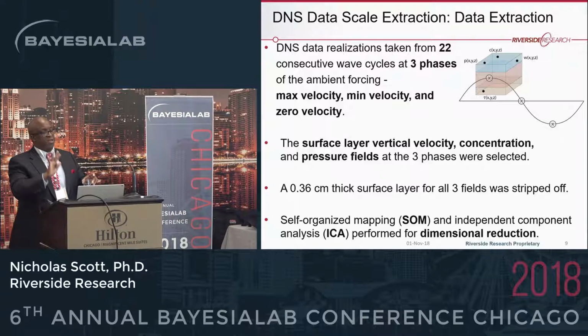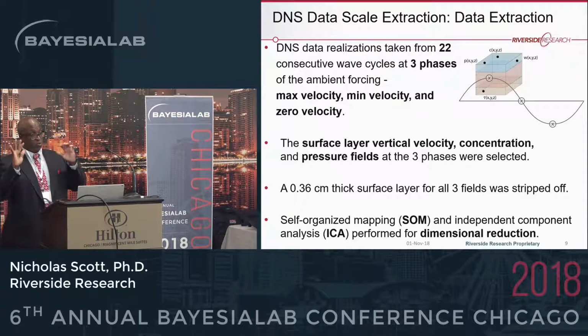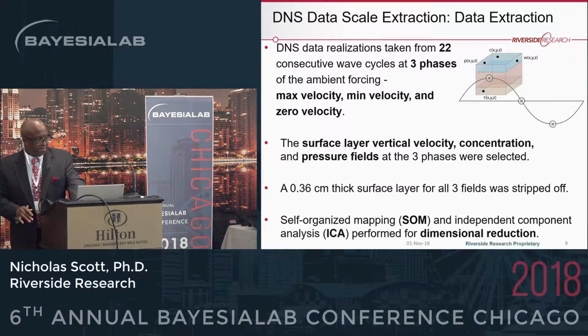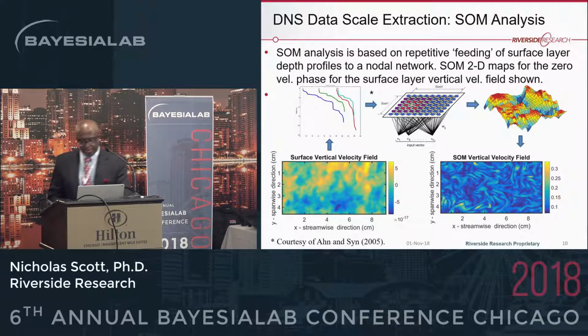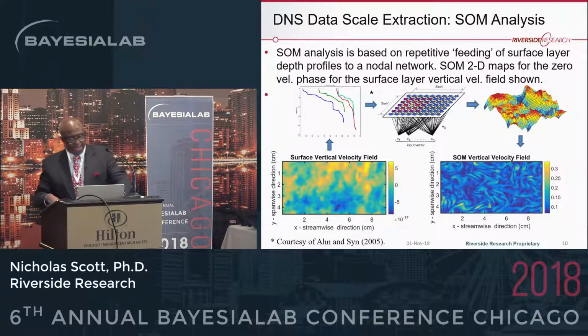In order to do that, we have to use machine learning to pull out that scale information. So the first part is scale information analysis, scale extraction. We use the SOM, ICA, and some other techniques. SOM, for those who don't know, takes the depth structure of the skin layer of the fluid and feeds it to something almost like a neural network.